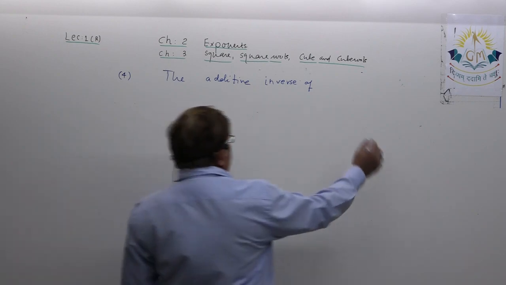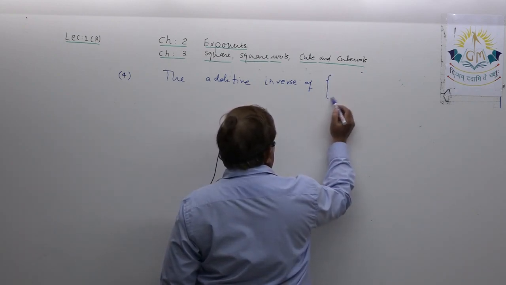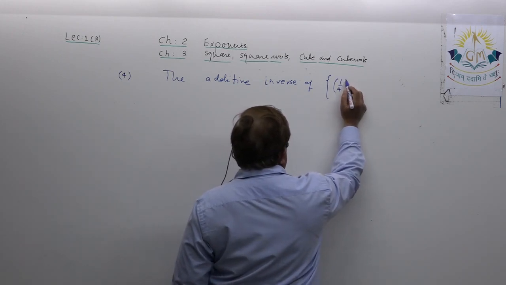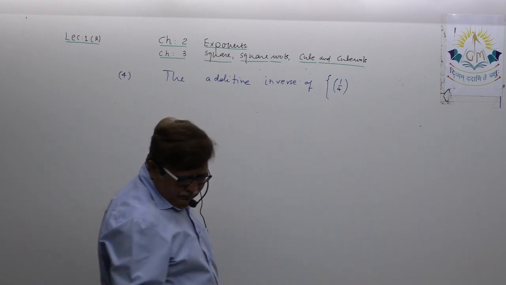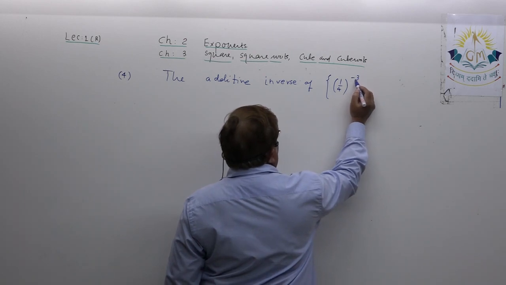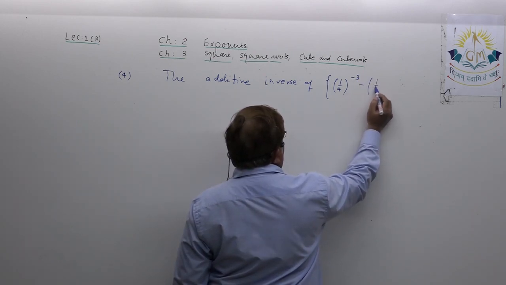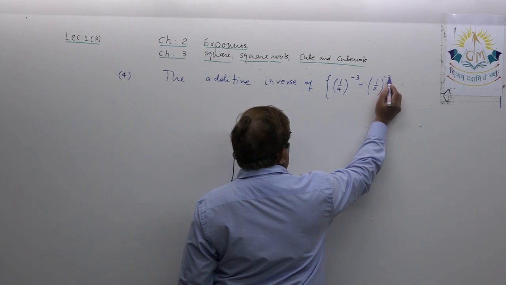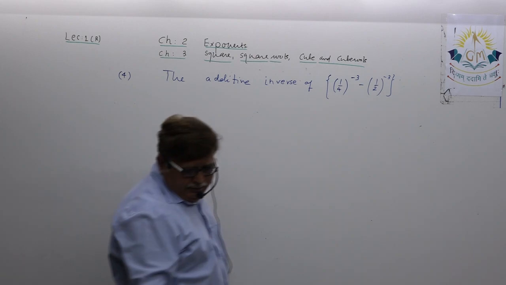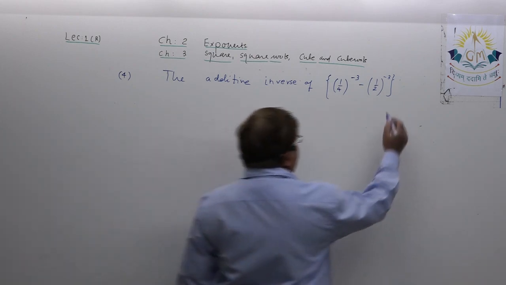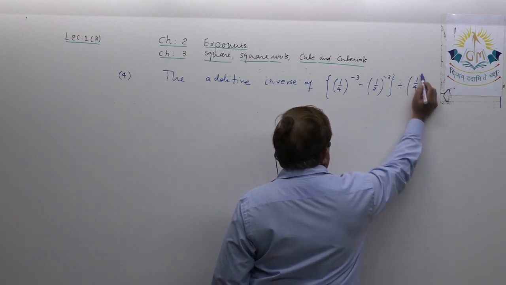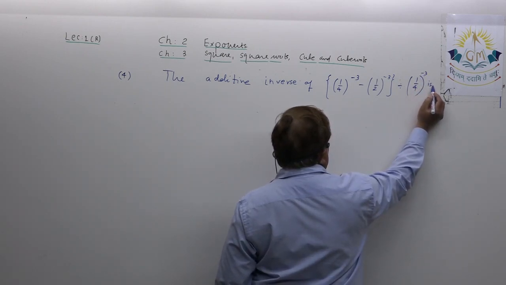Let me write the question. 1 upon 4 raised to the power of minus 3 minus 1 upon 2 raised to the power of minus 3, then divided by, this is the sign, 1 upon 4 raised to minus 3 is dash.